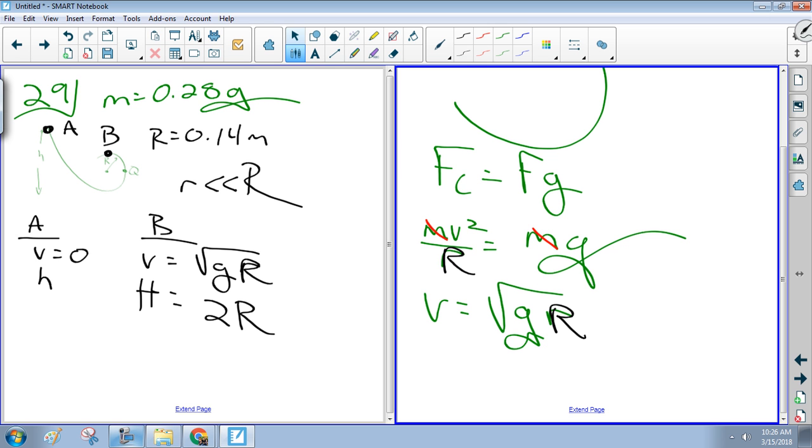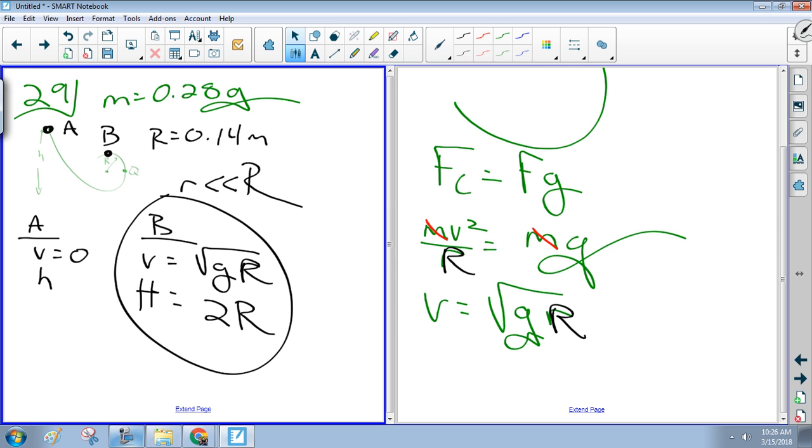Good? All right, so do you guys agree that the total energy at point B ought to equal the total energy at point A? Good. Do I need to worry about the rotational kinetic energy of the ball? I think yes.